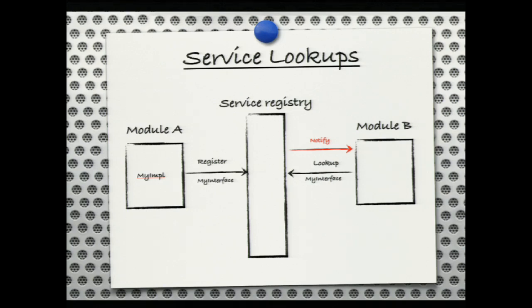Or if you have a more advanced system, you can use notification. So as soon as module B has expressed interest in an implementation for my interface, then the service registry will supply it to him as soon as it got an implementation of such an interface class, right? So if you think about it a little bit, then dependency injection is sort of a similar mechanism in order to solve the same problem.